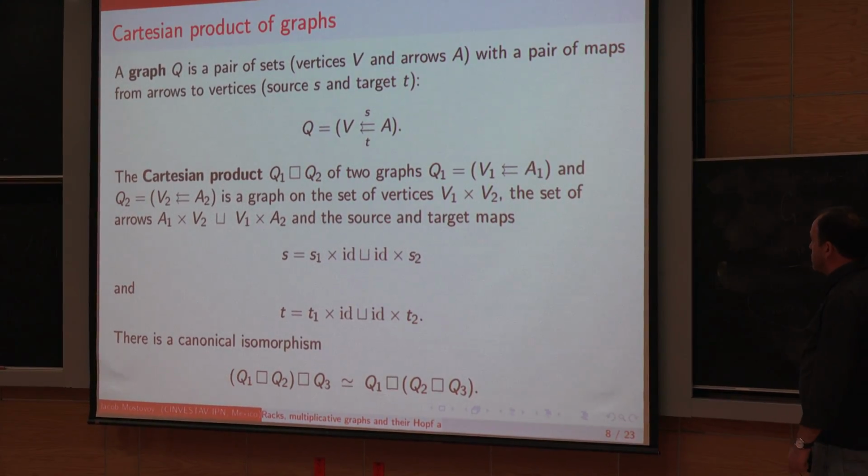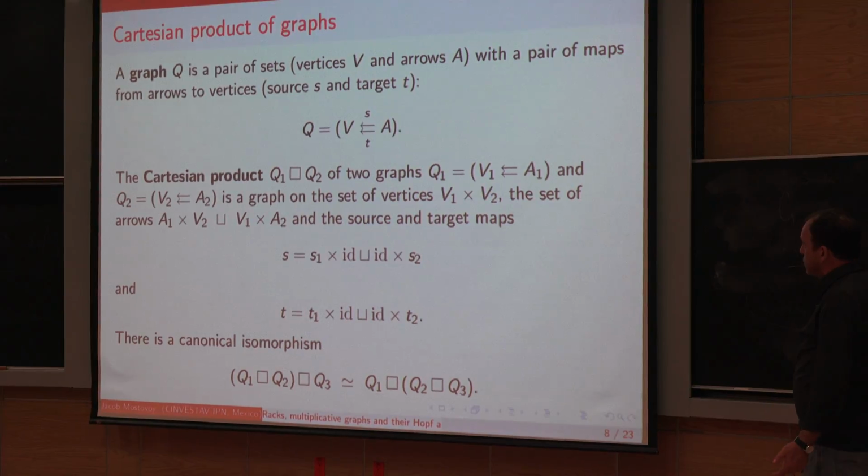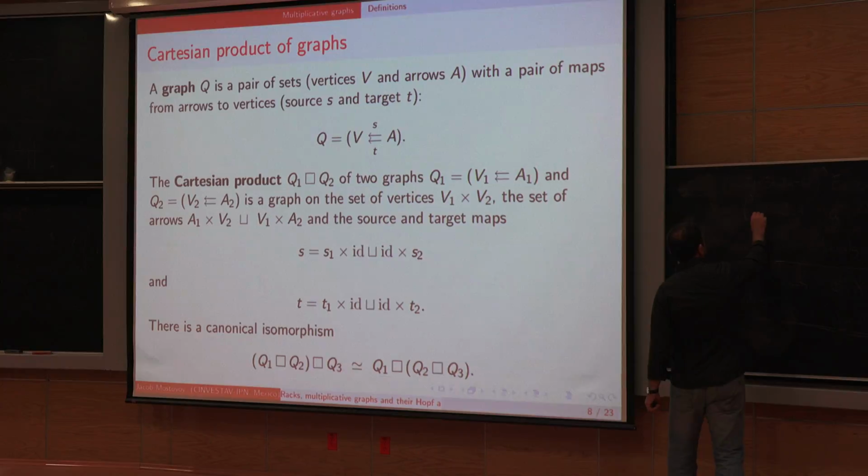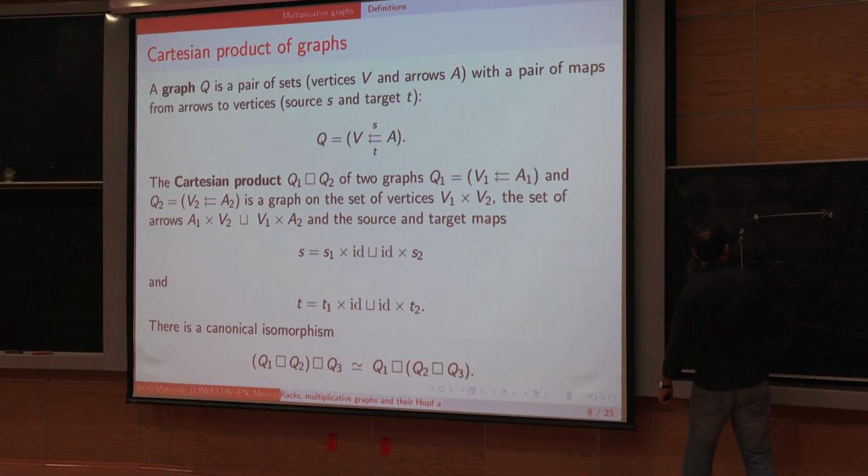And in graph theory, people talk about the Cartesian product of two graphs. And the Cartesian product of two graphs is something like this. I mean, just one example basically explains it all. If you have this graph, the Cartesian square of this graph is going to be a square of this kind.